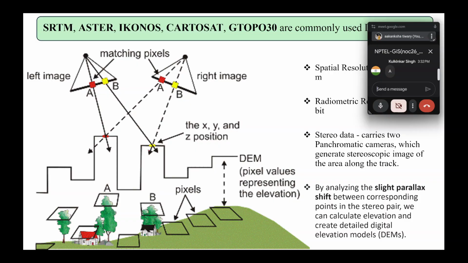For B, the intersection point is lower than for A, so that is how you know this elevation is less than that one. So we have X, Y, and Z position information.